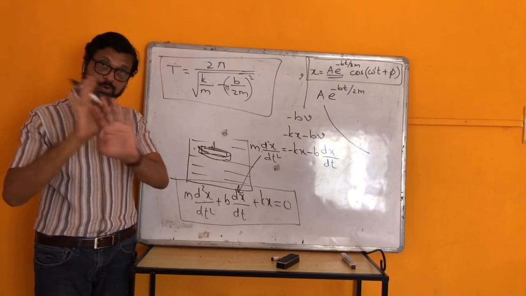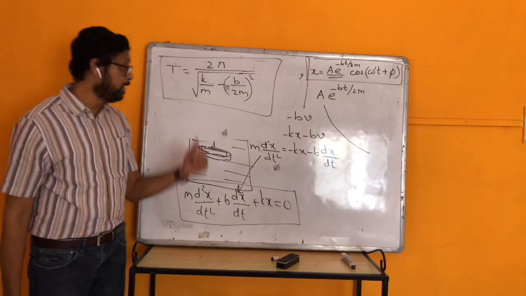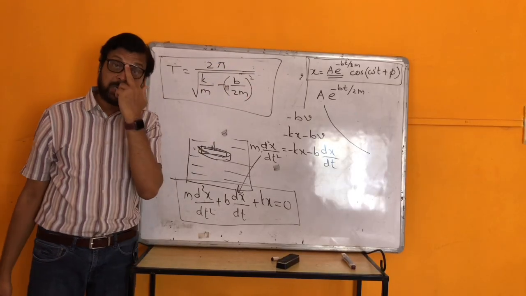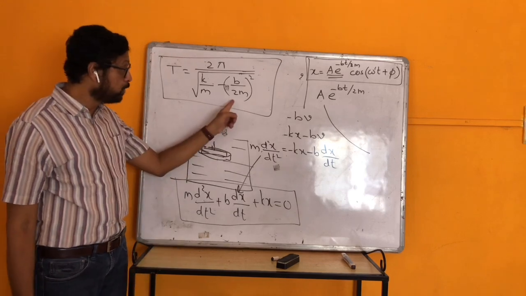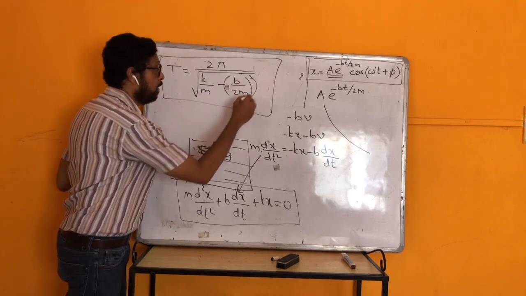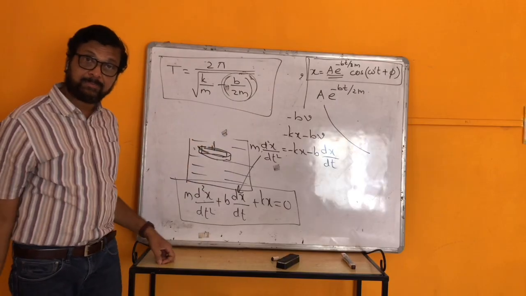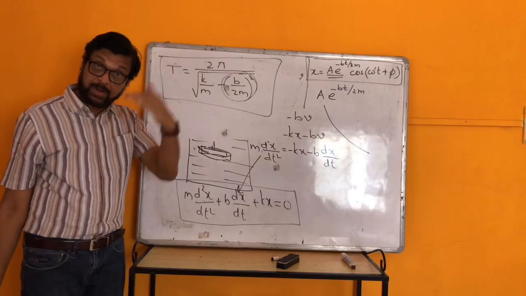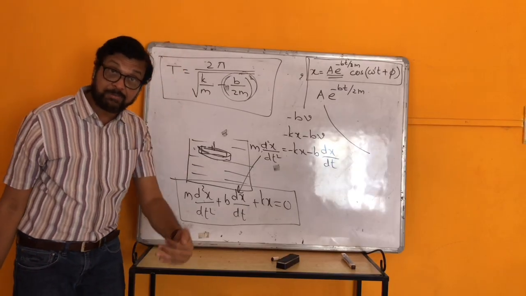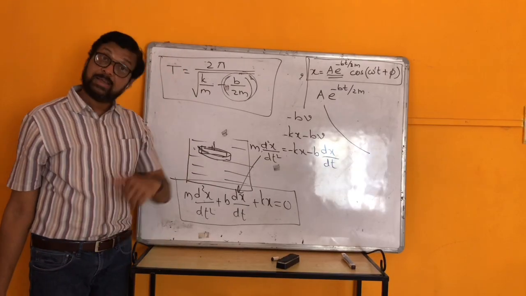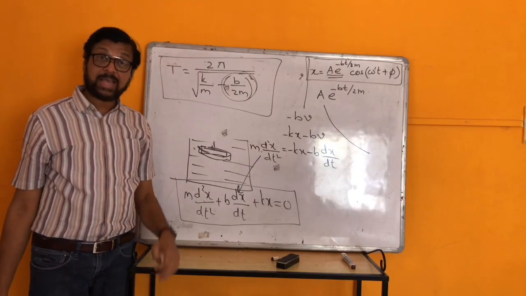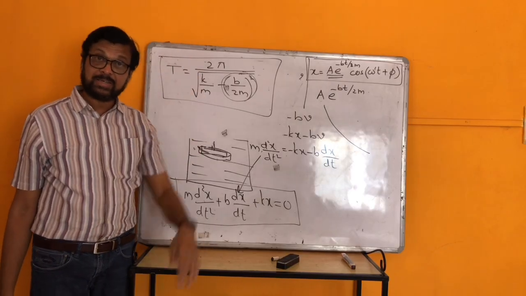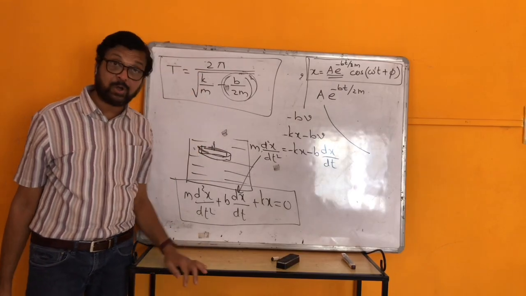No derivations, no proofs. We have to remember the formula. The period of damped oscillation is 2 pi upon under root k by m minus b upon 2m square. This shows that this factor in the denominator will go on decreasing, and since the denominator will decrease, the period will increase. So as there is damping, the periodic time goes on increasing. So this is damped oscillation.